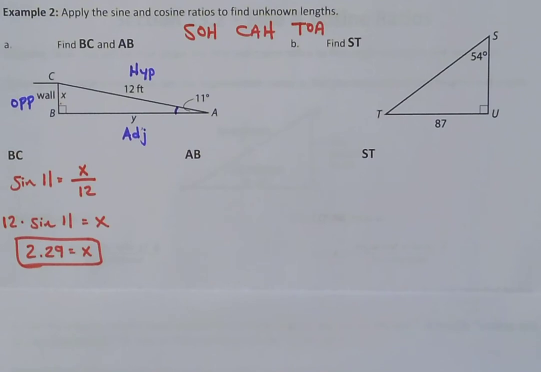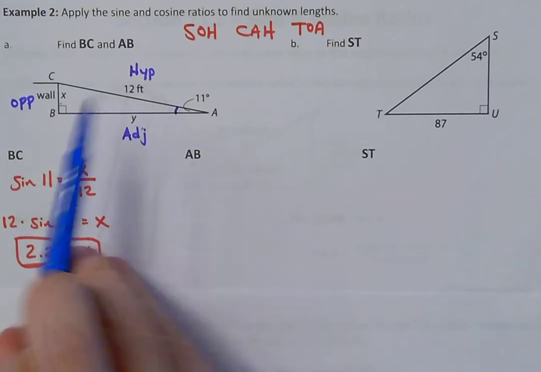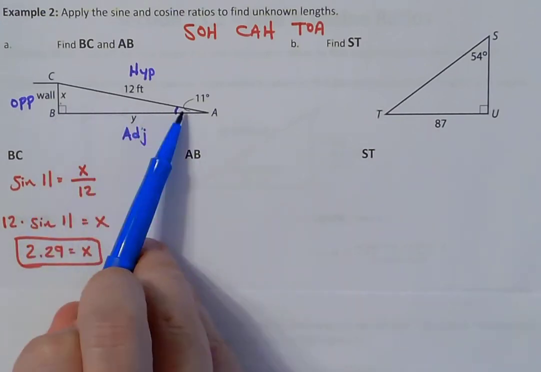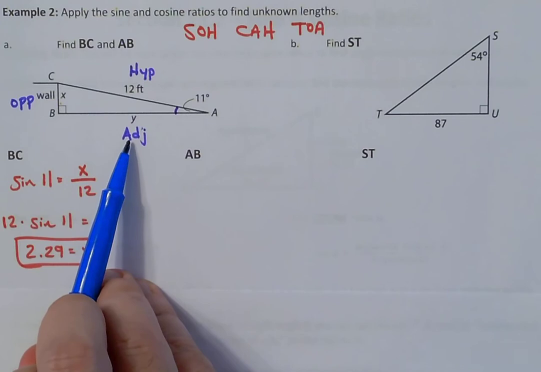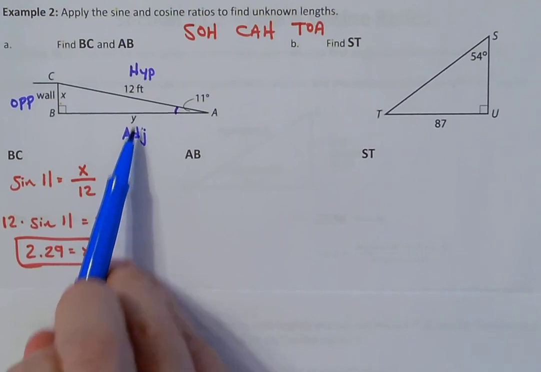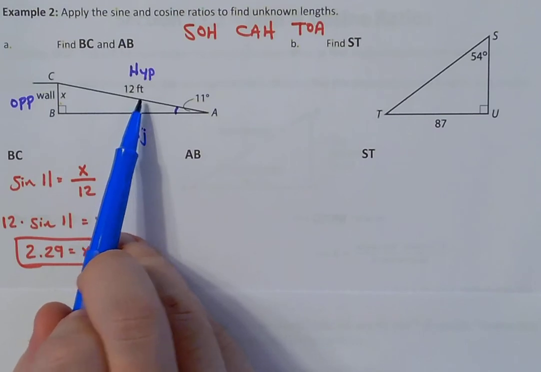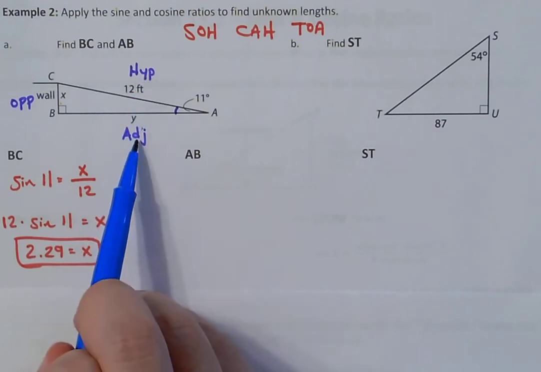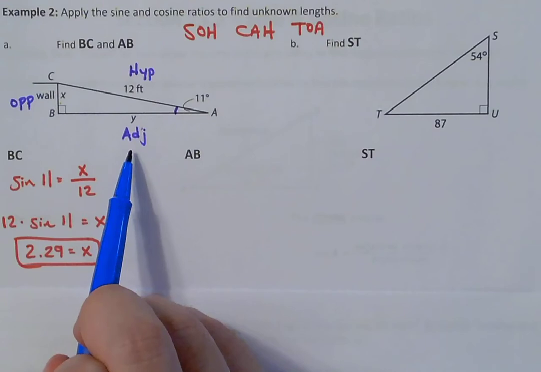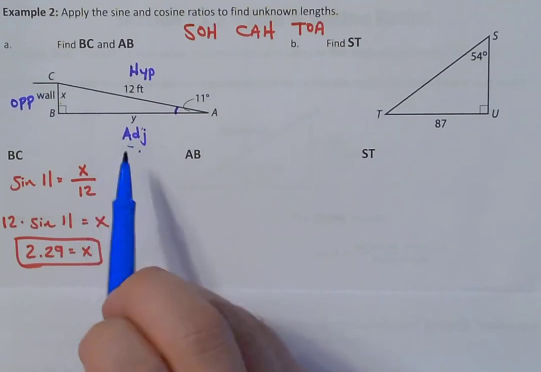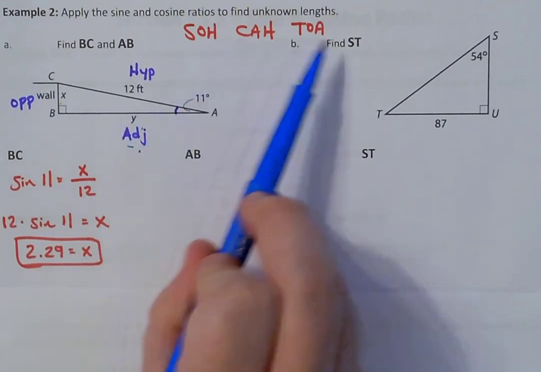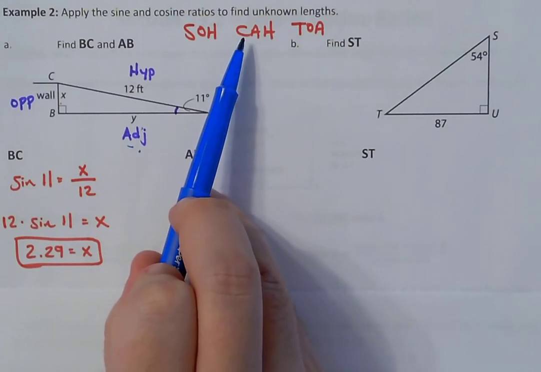All right, so next we need to figure out the length of AB. So AB is this side length right here. That's my adjacent. So we have the A, and then I know my hypotenuse, which is 12. So that's H. So we have A and H. So the trig ratio that uses A and H is not sine, it's not tangent, but it's cosine.